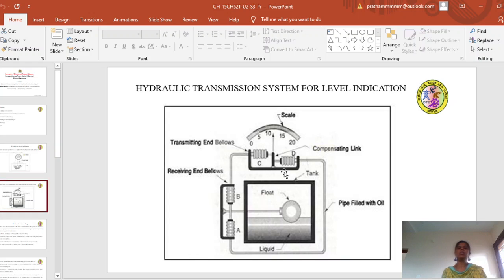In this mechanism, you also have a hydraulic transmission system for level indication. So how can you see here? You have a tank here, the liquid inside the tank, the float rests on the top of the liquid, and the float is in turn connected with the two bellows A and B. These bellows are called the receiving end bellows.